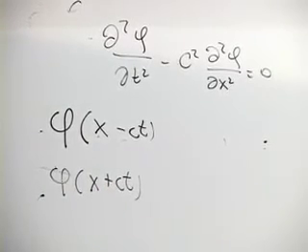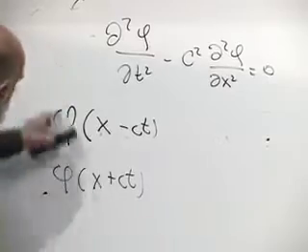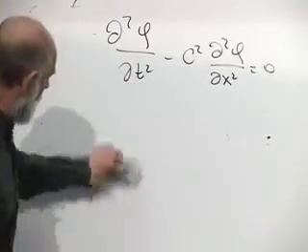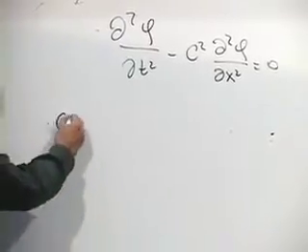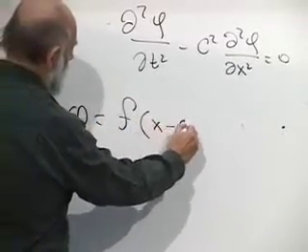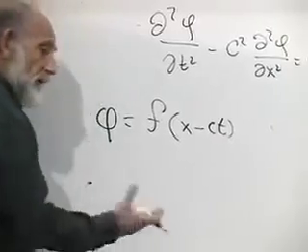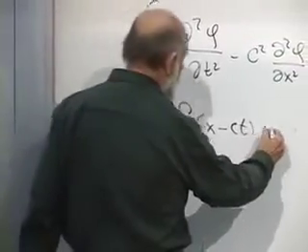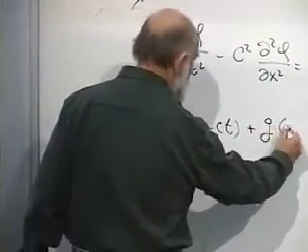Doesn't have to be the same function. Take any function. Let's call it f. Let's not call it phi. Let's write phi is equal to any function of x minus ct. In fact, you can add another function of x plus ct.